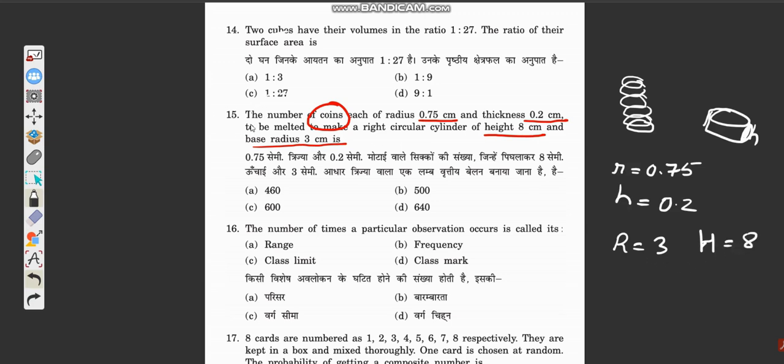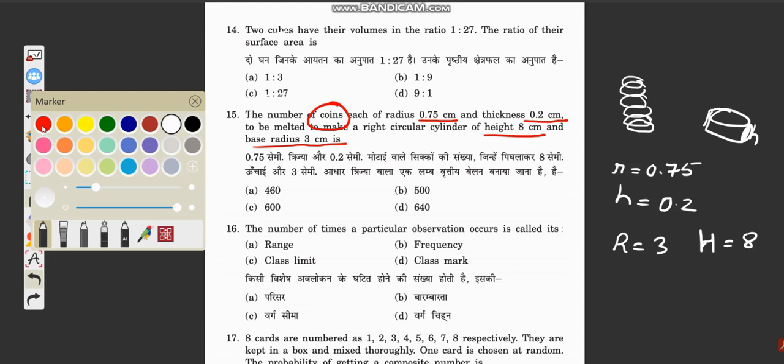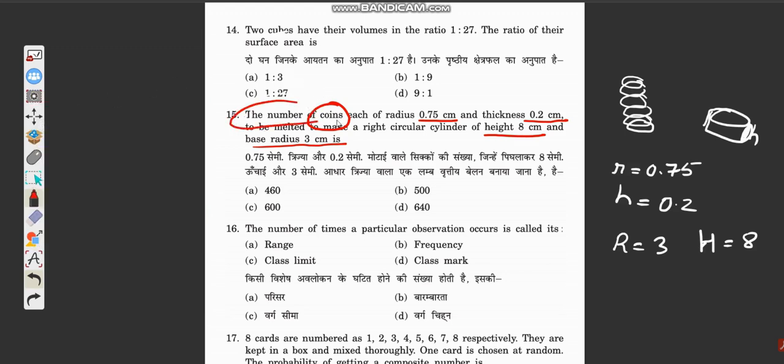Whenever the question comes with the number of, even for 5 marks also, bigger one volume by smaller one volume. Here volume of cylinder formula is pi r square h.